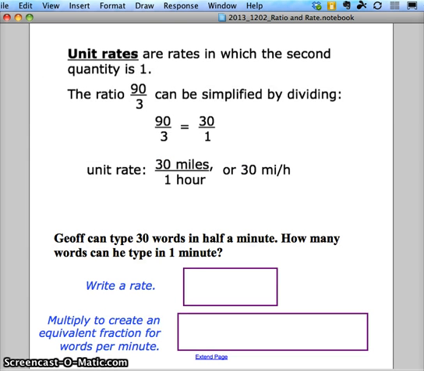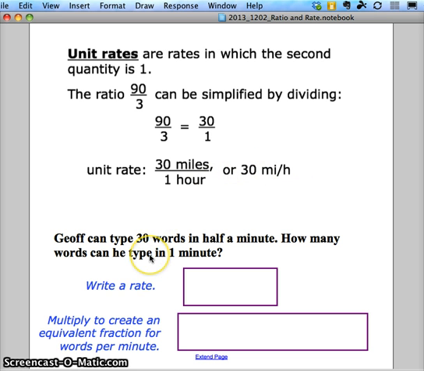A unit rate is a special type of rate. So that ratio we had before, 90/3 or 90 miles over 3 hours, can be simplified, dividing each by 3 to 30 miles in 1 hour or 30 miles per hour.